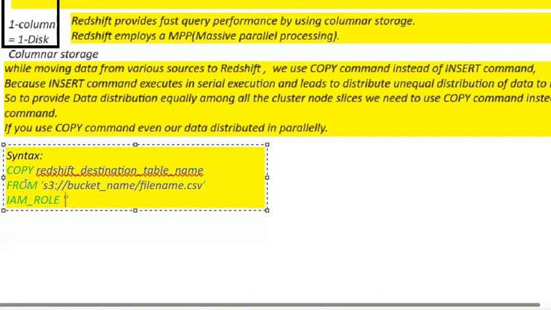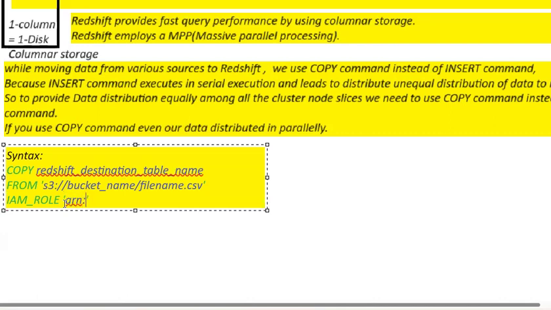So you need to first give Redshift permission to read whatever file is present in S3, right? In order to copy the file present in the S3 bucket, first we need to be able to read it. To provide that permission, we also need to provide the IAM role. That is, credentials also we need to provide.